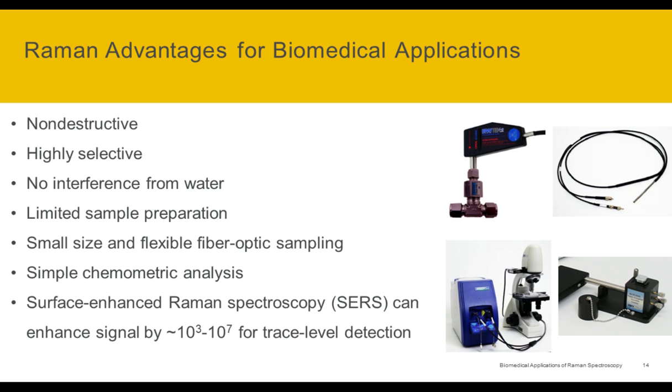Water is also a very weak Raman scatterer, so that's actually really good because we get very little interference when we use water as our solvent. So we can measure aqueous solutions, which is really a big advantage in the biomedical application.